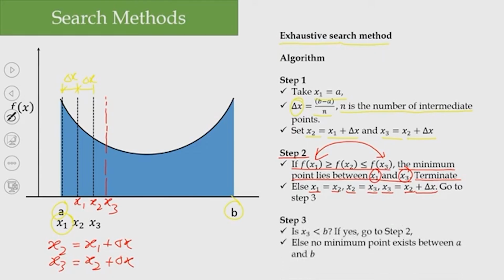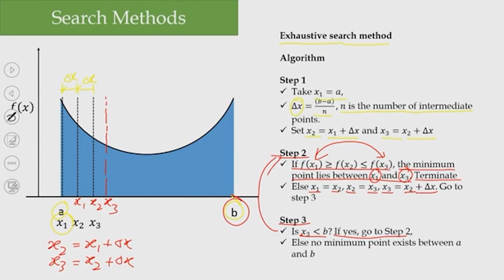In step 3, we check whether x3 is less than b, because the upper bound is b and we cannot go beyond b. If yes, go to step 2.